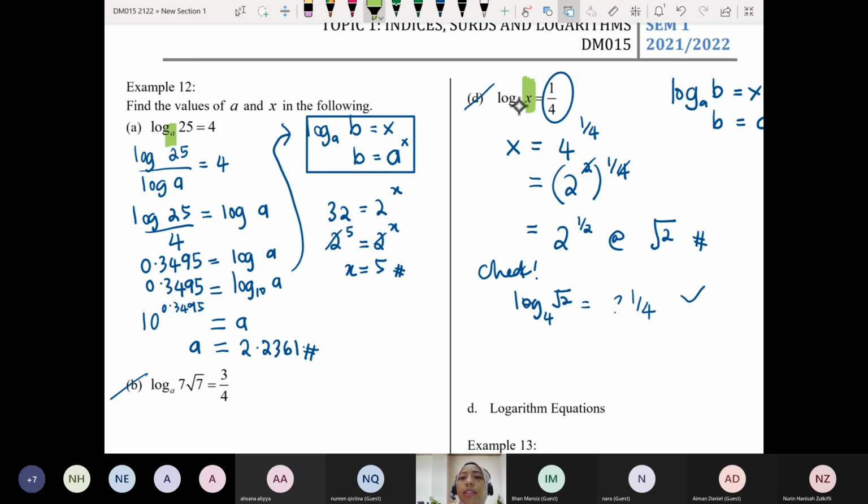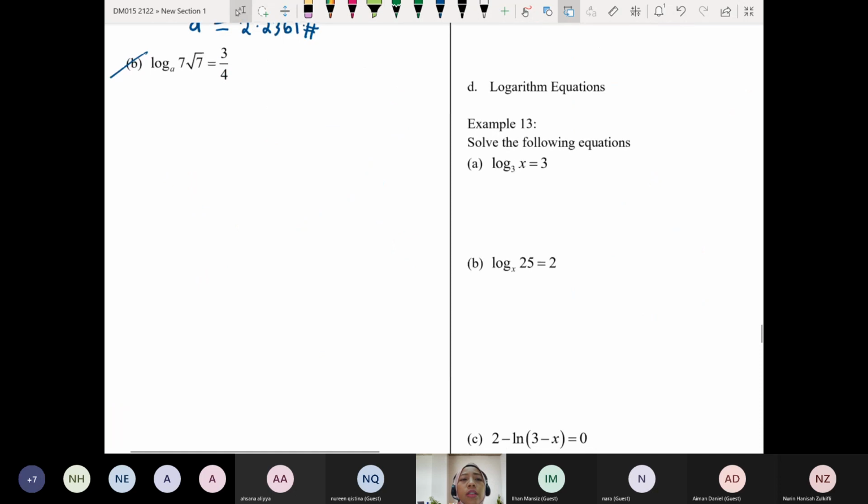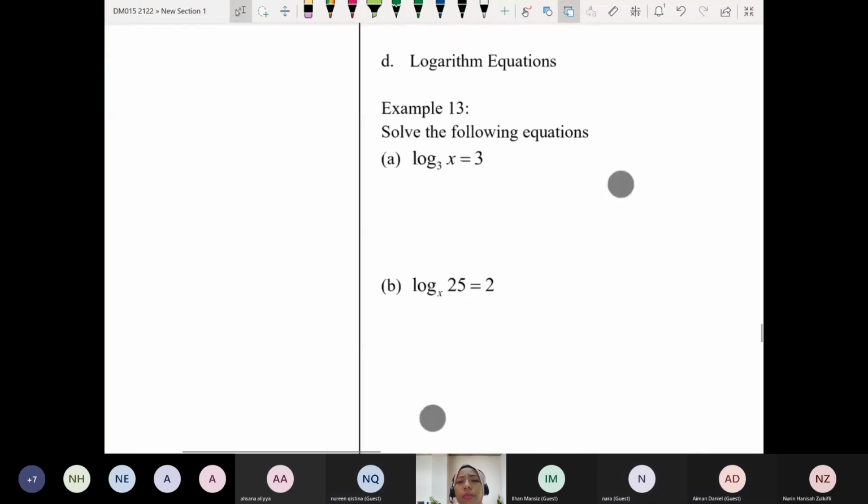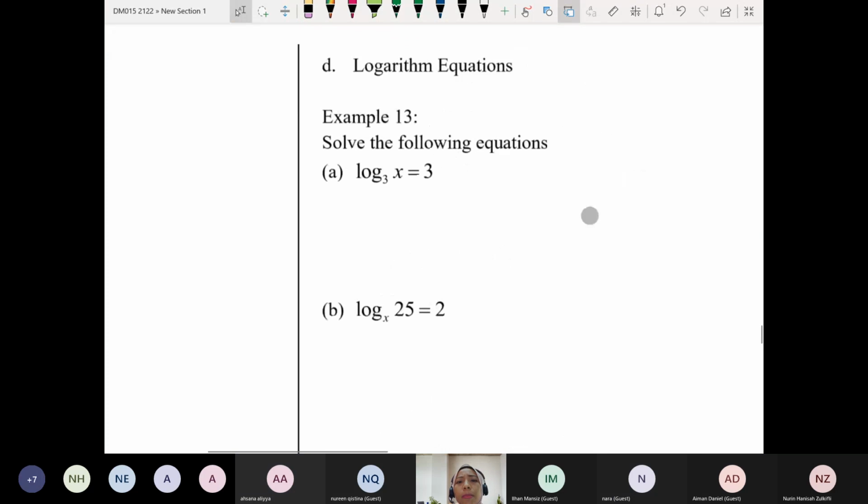Our base is given 4. So in any ways, they can ask in many ways, and you always have the solution. Dia tanyalah macam mana pun, you always can come out with the solution. Boleh ke semua? Boleh. Okay.